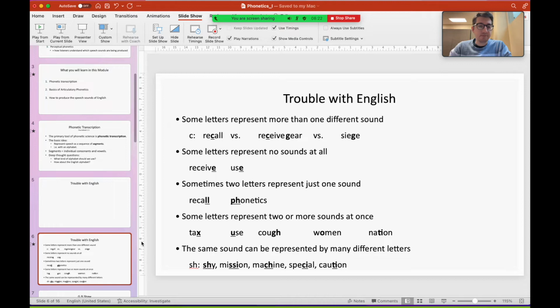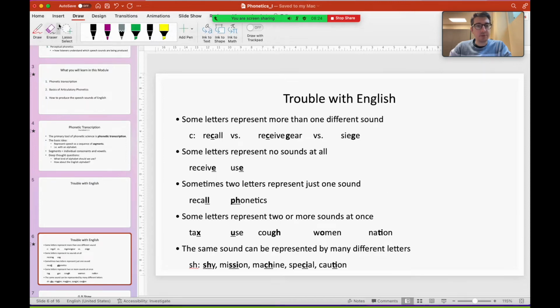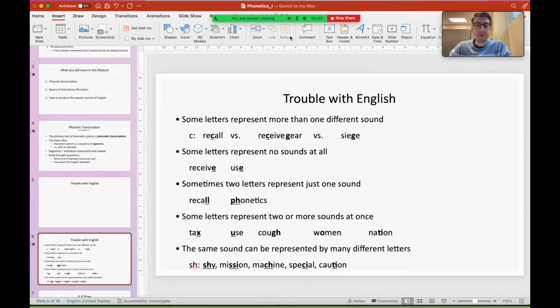I will quickly draw your attention to an anecdote that was devised by George Bernard Shaw. He said that we could write fish by writing it like this. How so?